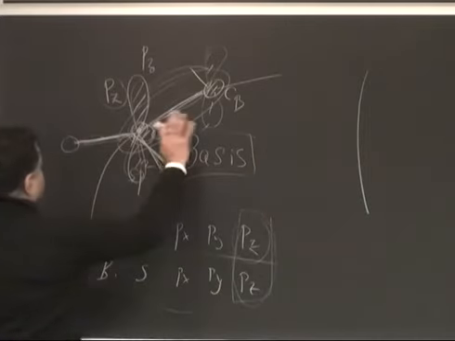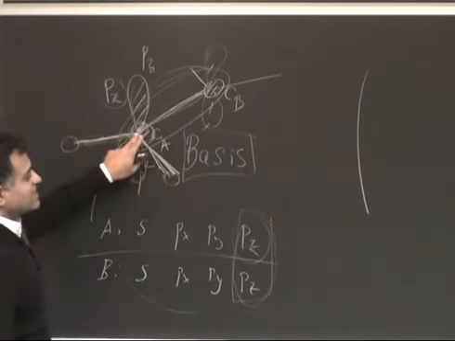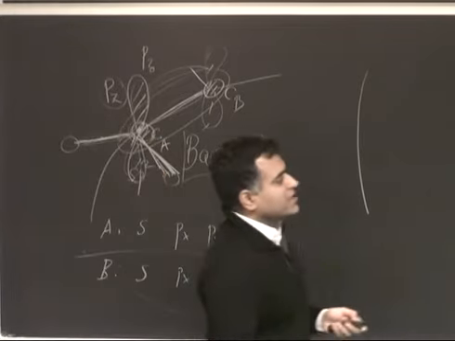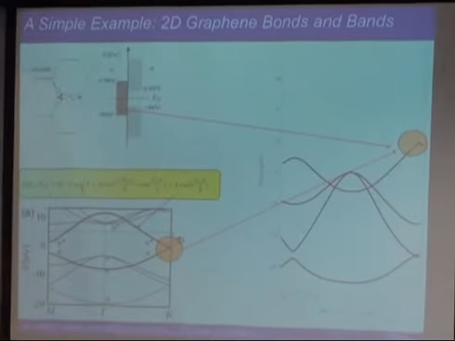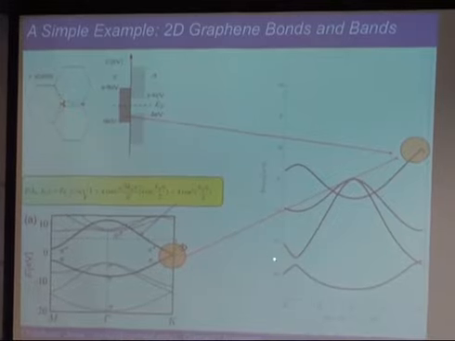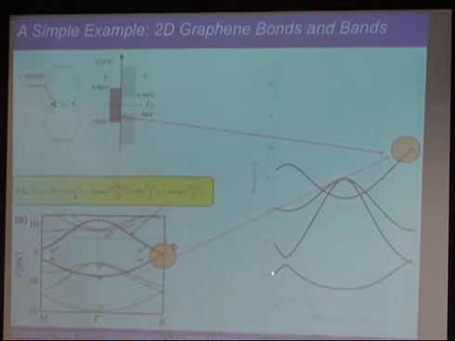Each carbon atom comes with 4 electrons, and therefore the 4 lowest bands will be occupied. There are 2 atoms, so 4 times 2 is 8, with upspin and downspin. Each of these is an allowed state for an electron, so there are 8 electrons for 2 carbon atoms, and the 4 are occupied. Everything above that is empty.